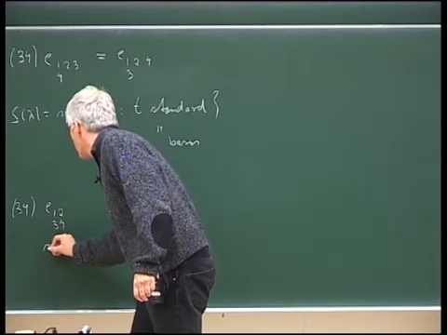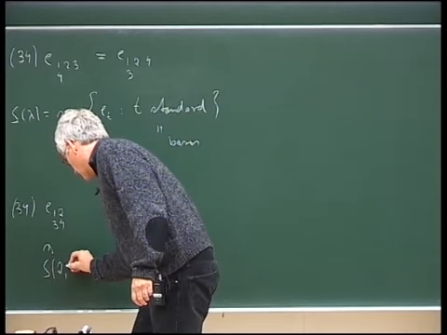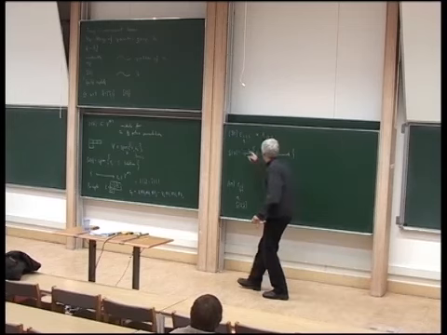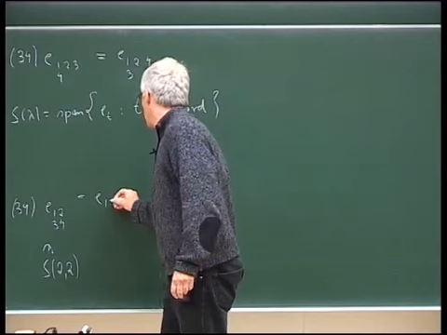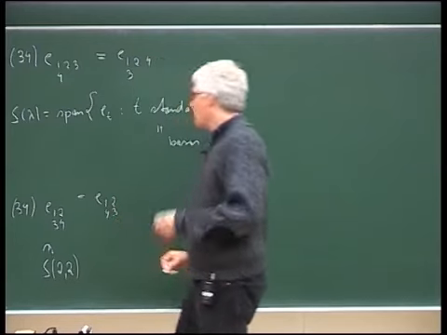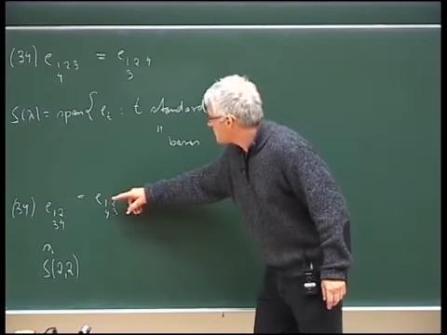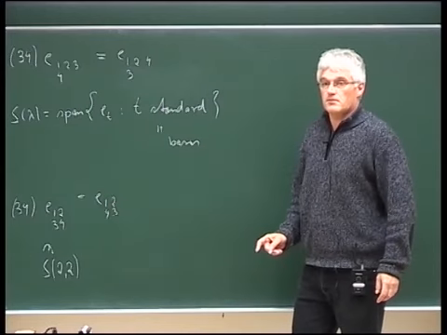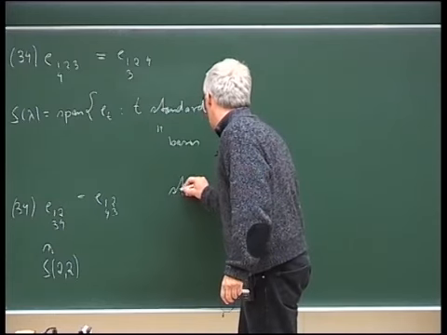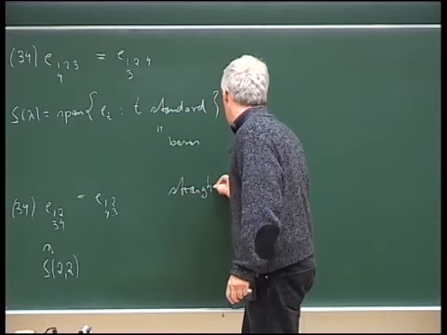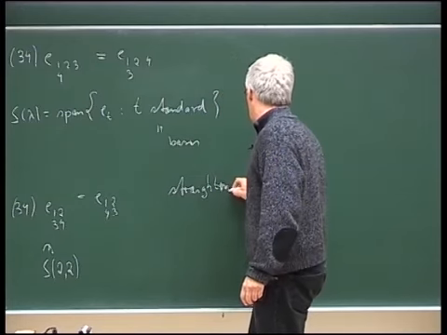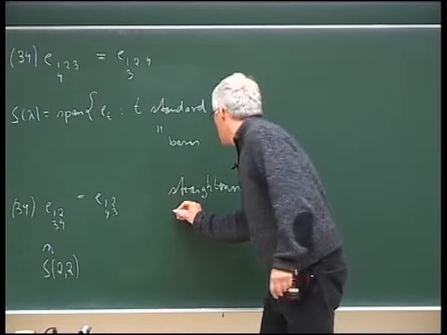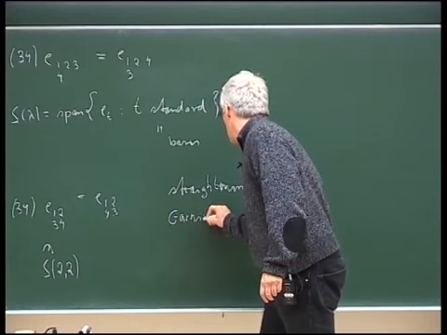This is supposed to be an element of S(2,2), another Specht module. Then by this action, I get E of 1, 2, 4, 3, and this is non-standard. So I need some straightening rules to rewrite this non-standard E in terms of standard. Straightening rules are needed, and these are the Garnir relations.